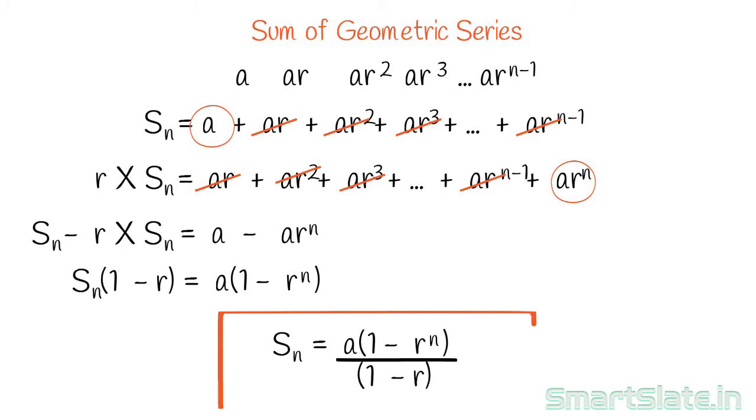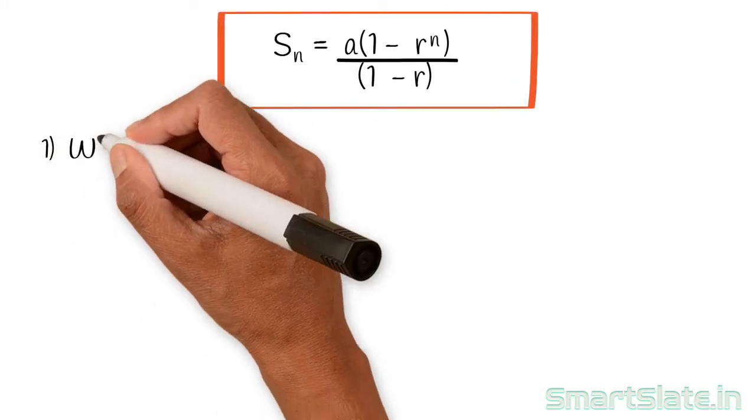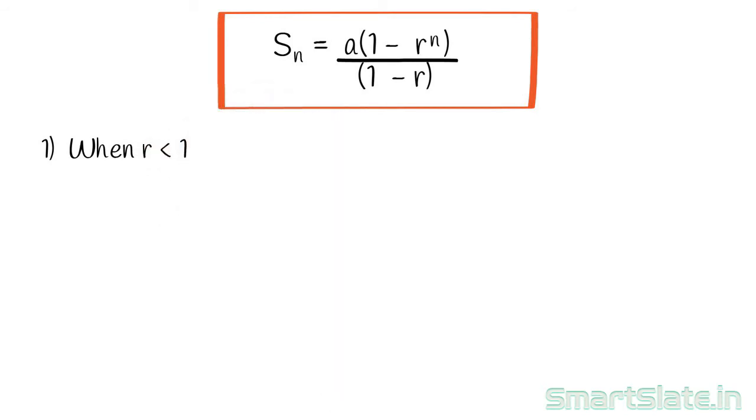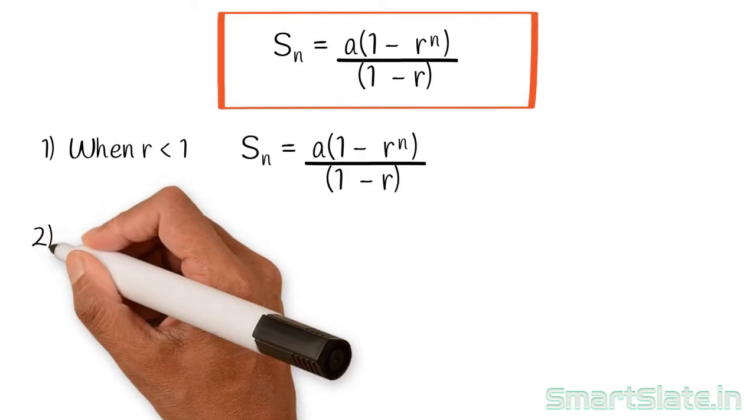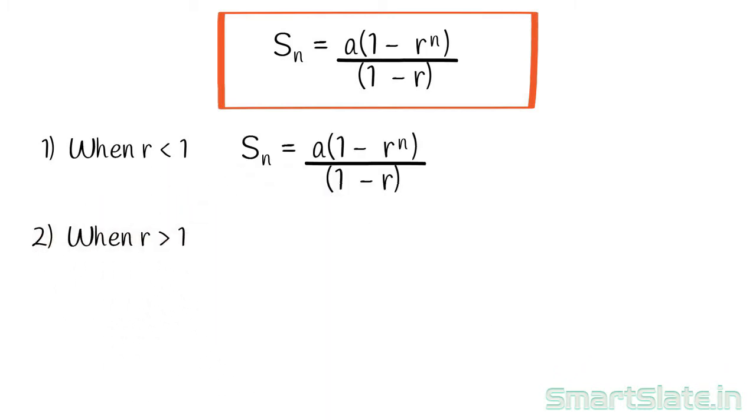This formula takes a different form based on the value of R. When R is smaller than 1, then the denominator is greater than 0. So, this formula remains the same. When R is greater than 1, then the denominator becomes smaller than 0. This doesn't make sense.